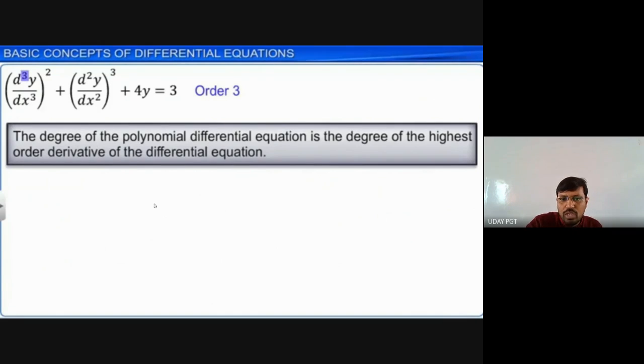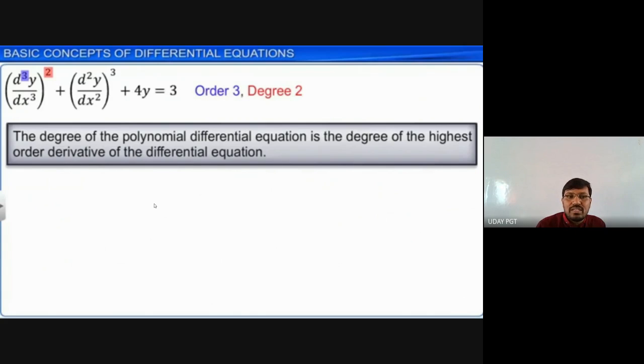The degree is the highest power, and the highest derivative, whatever it is, will be taken as the order. In this function, the highest derivative is the 3 times derivative, d cube y by dx cube.